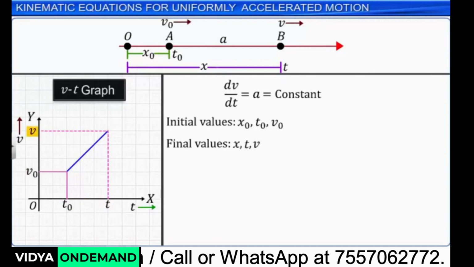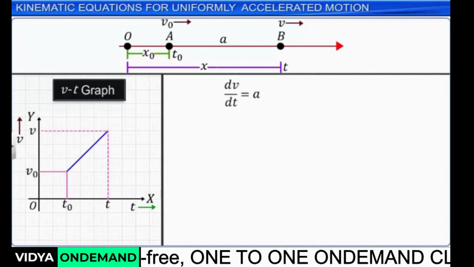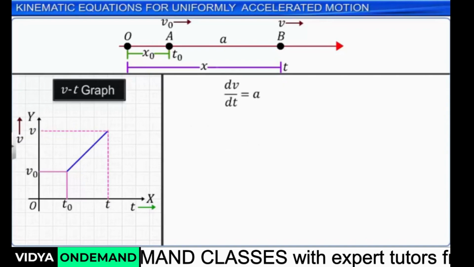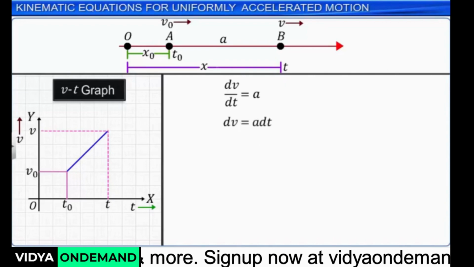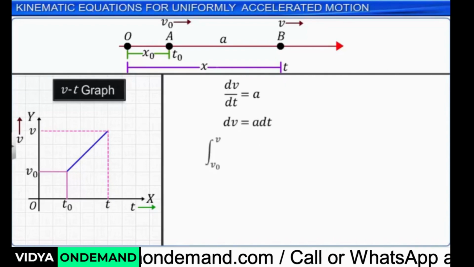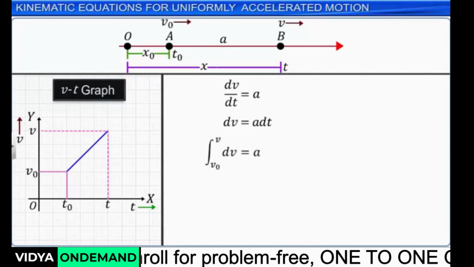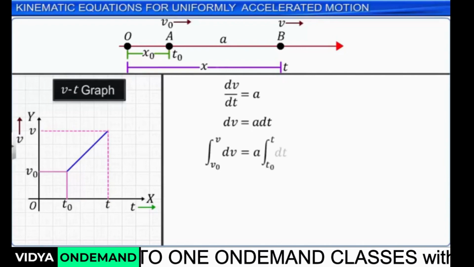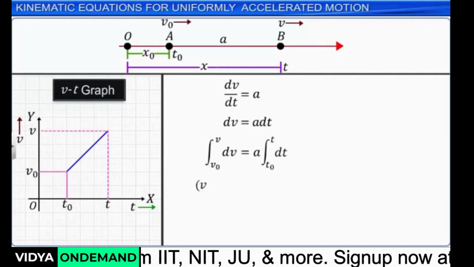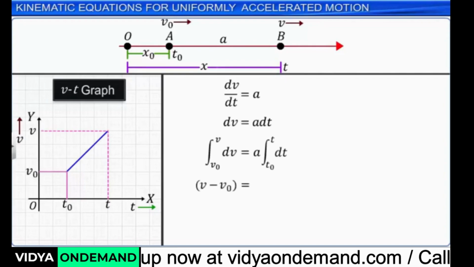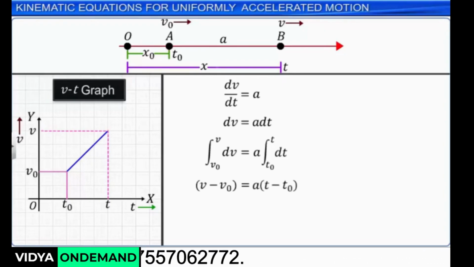By cross-multiplying, we get dv equal to a into dt. Integrating both sides, integral v naught to v dv is equal to a into integral t naught to t dt. V minus v naught is equal to a into t minus t naught. Rearranging the equation, v equals v naught plus a into t minus t naught. This is equation 1 of motion.